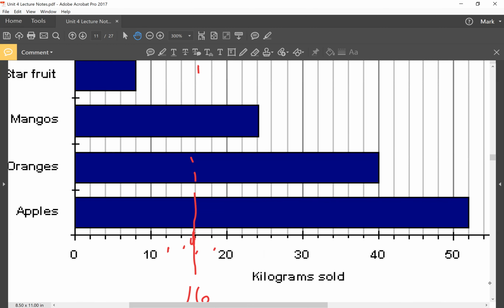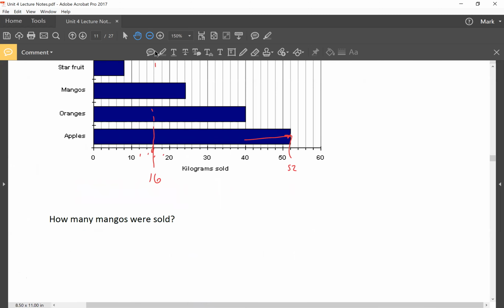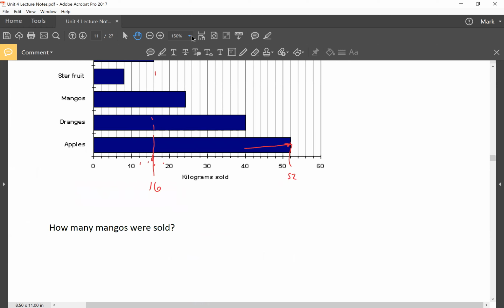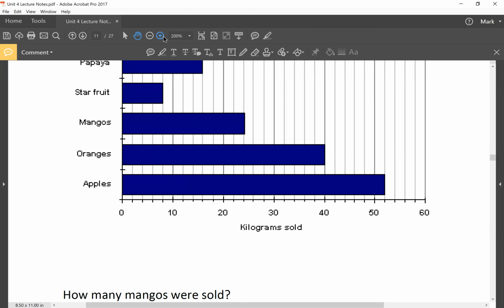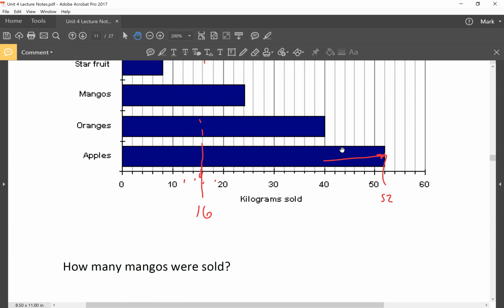Apples, 52. Right? I mean, this is a really easy chart. And you guys have, I hope, done this at some point in your school, or you're not too surprised by this type of chart. So there's a question here. It says how many mangoes were sold. So mangoes, I go over to the end, I draw a line down.